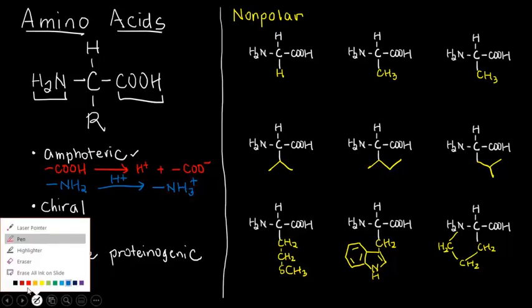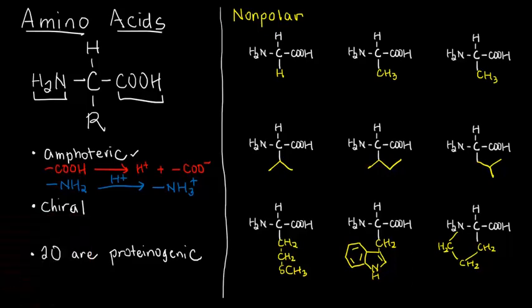Next, amino acids are chiral, and this is something we've already seen in carbohydrates. We can look here at this carbon, see that it has four substituents, and assuming that the R here, the variable group, let's name this variable, meaning it changes depending on the amino acid.